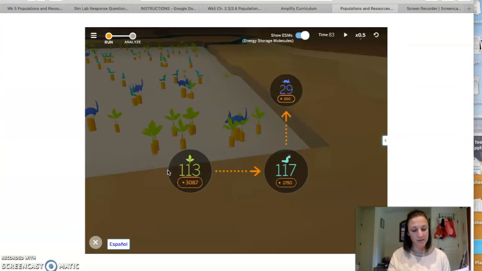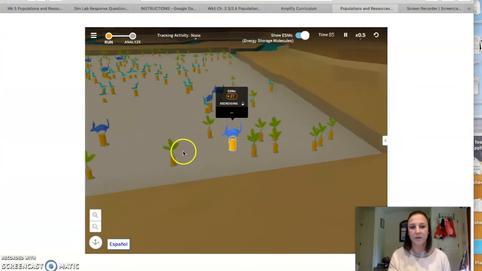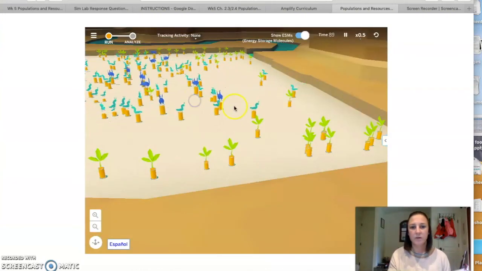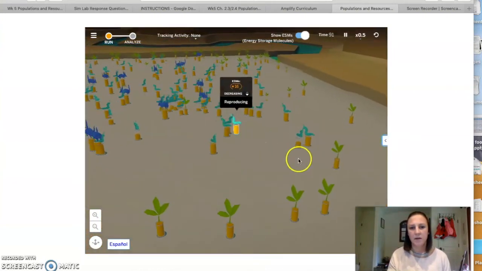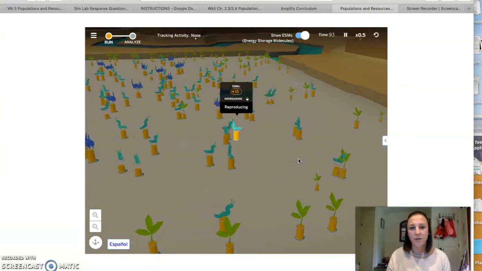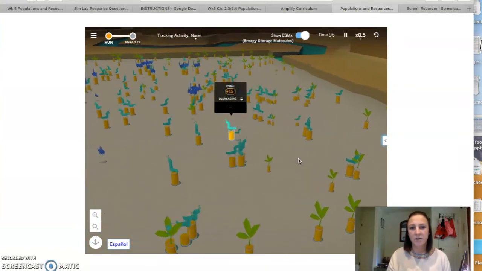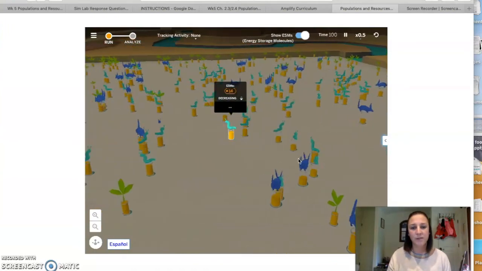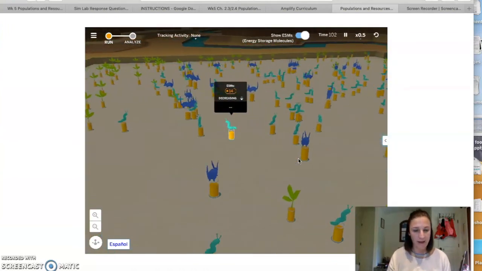And where do WeBugs get energy storage molecules in the sim ecosystem? What is your evidence? So if we're watching, let's find a WeBug to follow. Reproduction uses a lot of energy. We can see their energy storage molecules going down. And we're looking for when this WeBug's storage molecules will go back up.